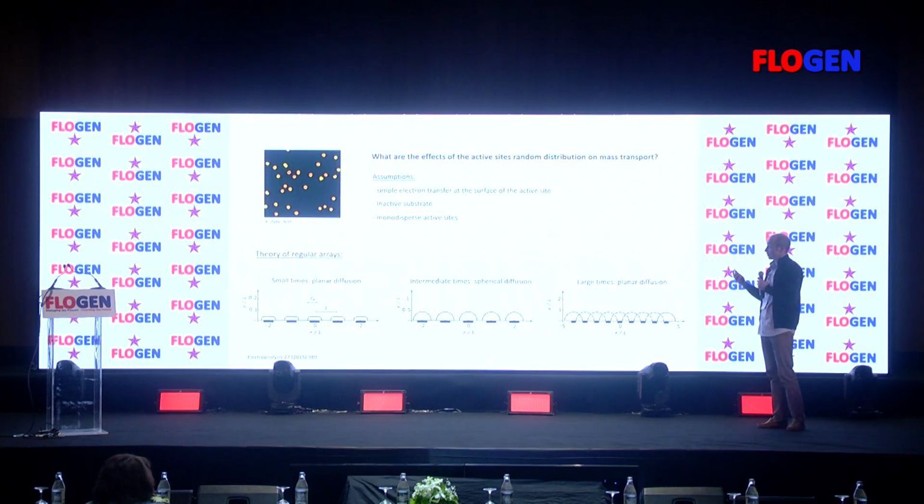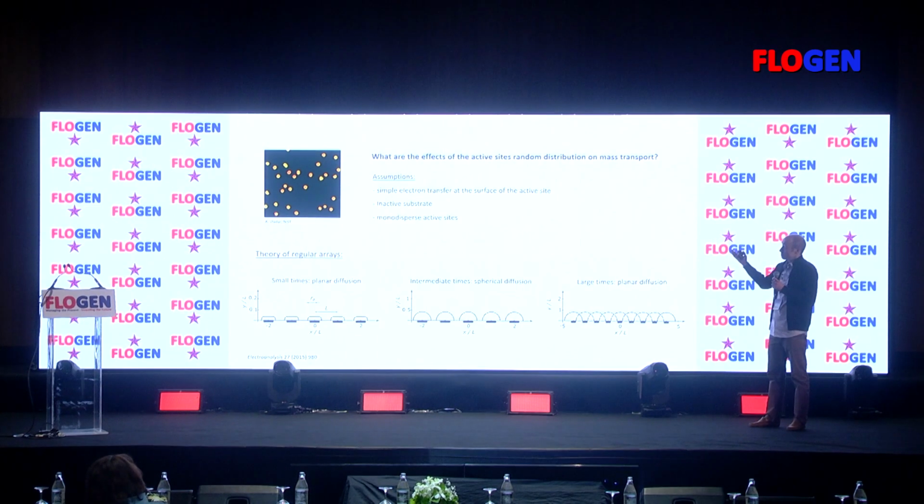And the main question which I would like to address here is, we have randomly distributed active sites, and are there any consequences on the mass transport and hence on the current which we measure in the experiment.